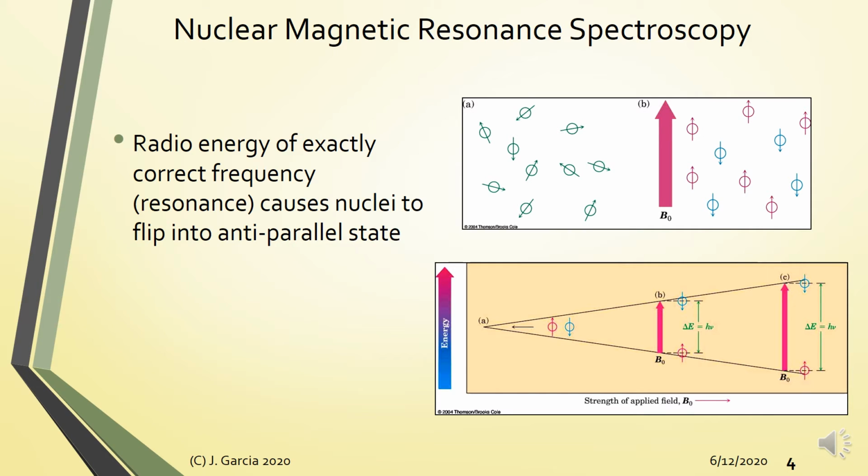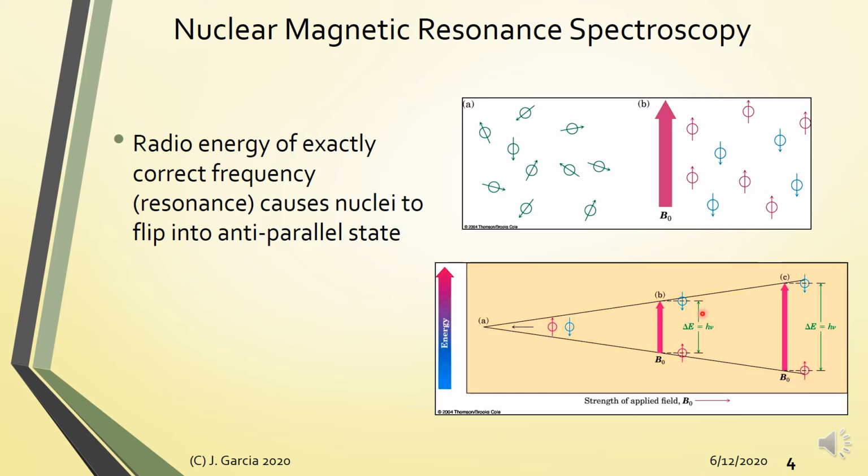Alright, so similar to what we discussed in UV spectroscopy or infrared spectroscopy, here the energy of the radio wave or the radio frequency, okay, should be equal to the energy difference, no, between the two energy levels.